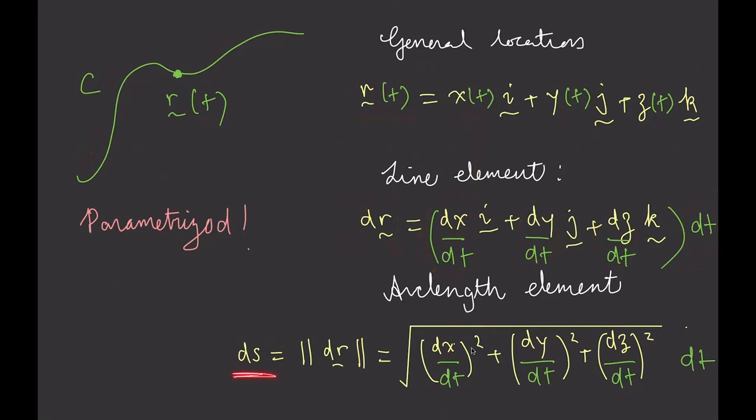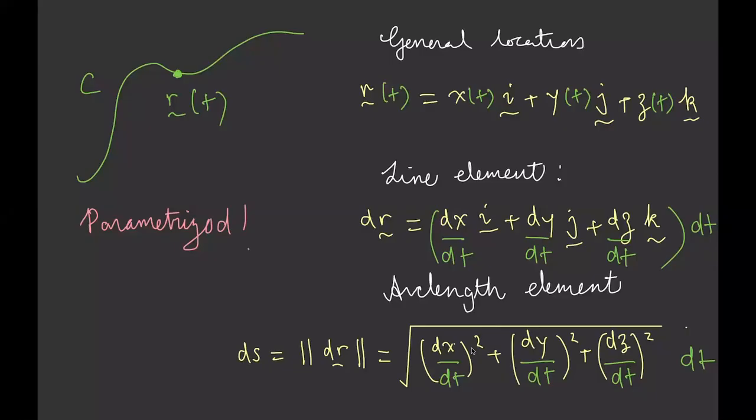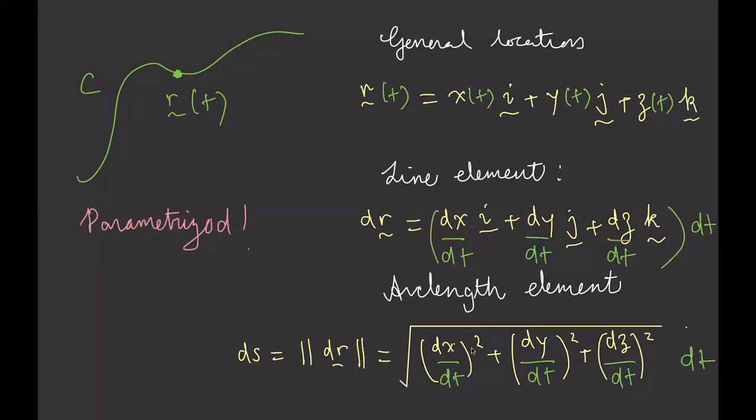Similarly, for your ds, what you had earlier was dx squared plus dy squared plus dz squared. You divide by dt squared all the way through inside the square root, and multiply by a dt outside the square root.